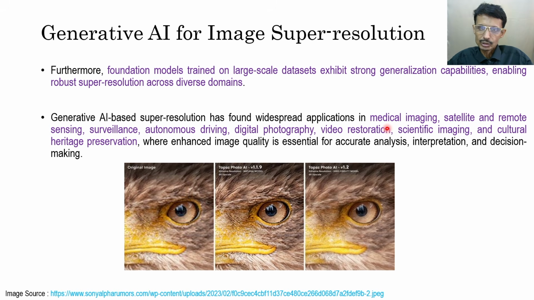Enhanced image quality is essential for accurate analysis, interpretation, and decision making. So, what do you understand? Generative AI, by virtue of its generative nature, gives a big advantage or big improvement in image super resolution.